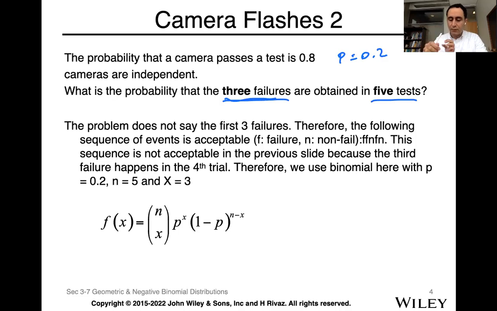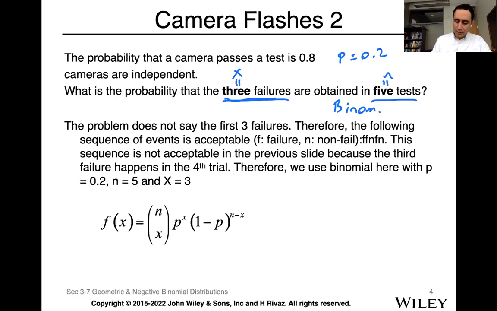I just said that out of 5 tests, I want 3 of them to be failures, right? So here is clearly a binomial distribution. So this is my x, this is my n, and that's my p, and this is a binomial. So I'm done. Any questions?